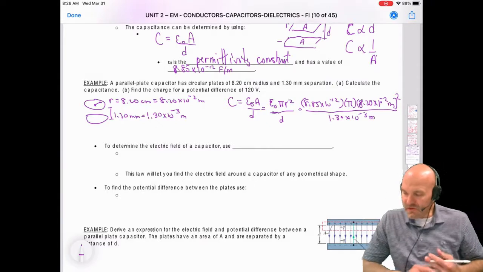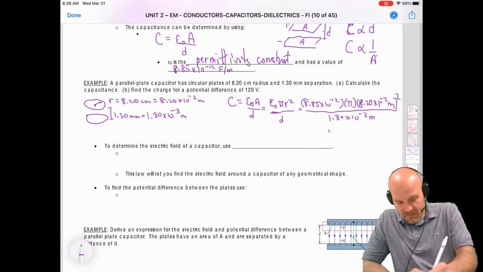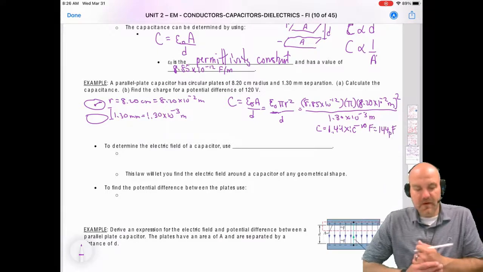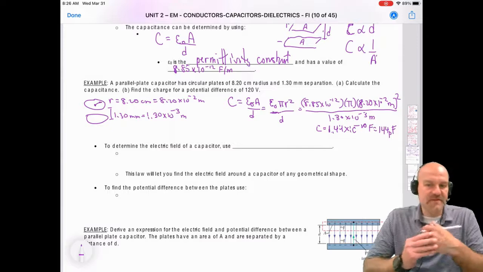Put that into our calculator, and we get a capacitance of 1.44 times 10 to the negative 10th farads, or 144 picofarads. Okay, and so that's part A, the capacitance.